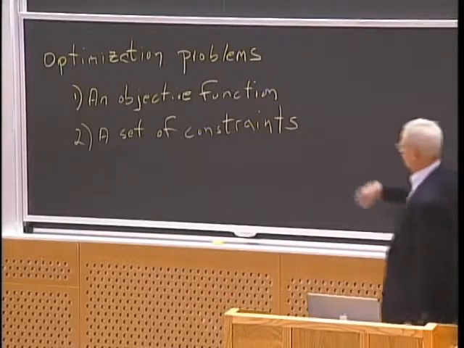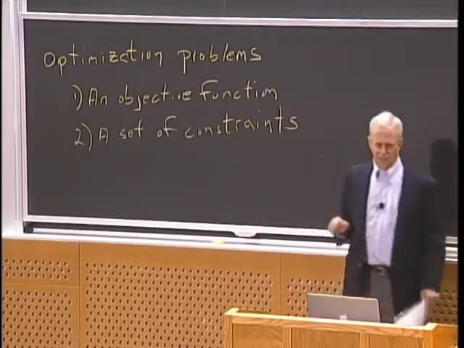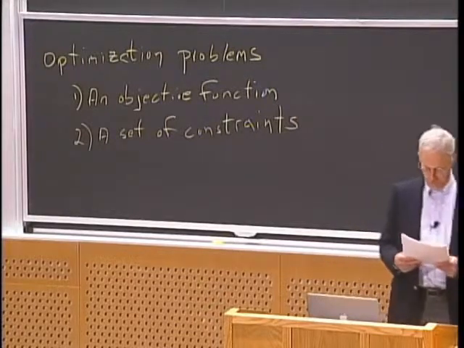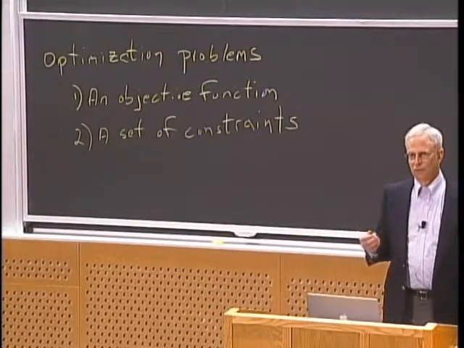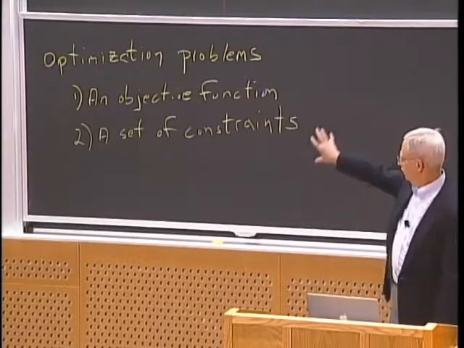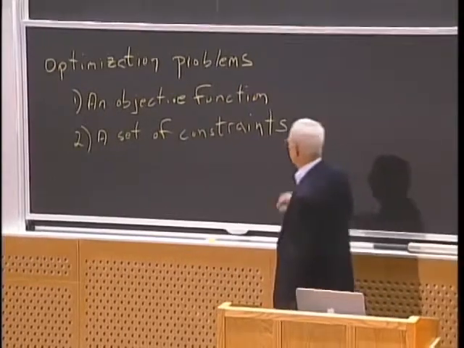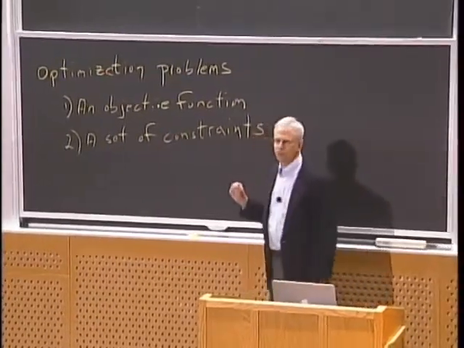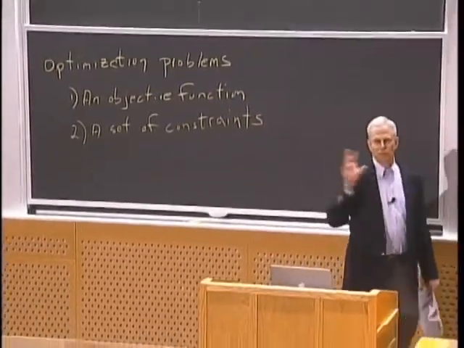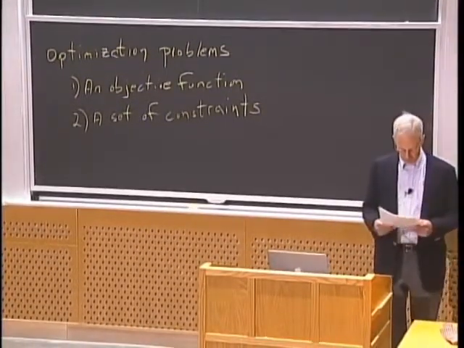So the objective function that you're minimizing or maximizing, and some set of constraints that must be obeyed. A vast number of problems of practical importance can be formulated this way. Once we formulate them in this systematic way, we can then think about how to attack them with a computation that will help us solve the problem.